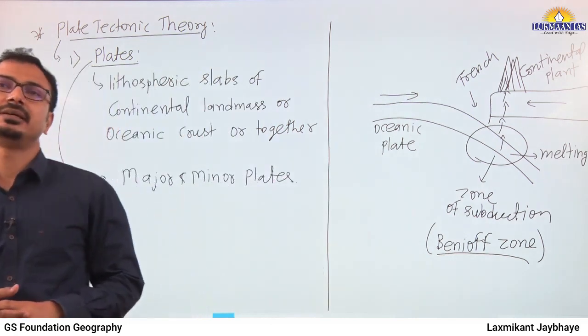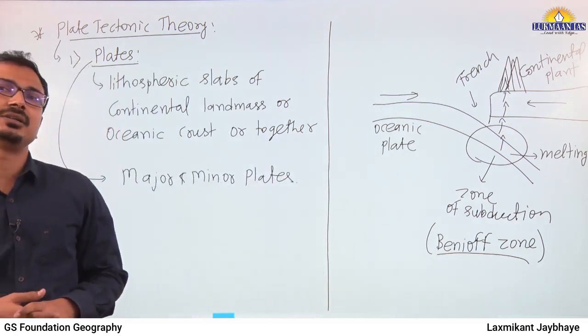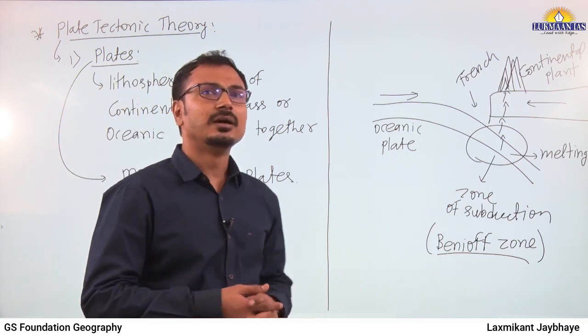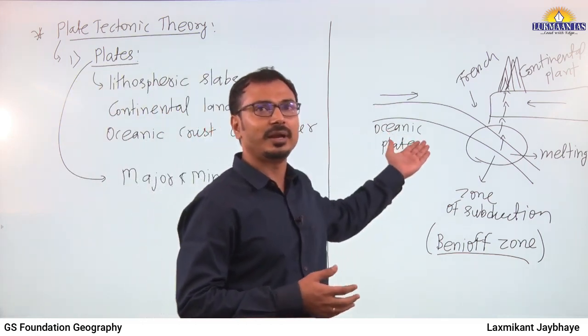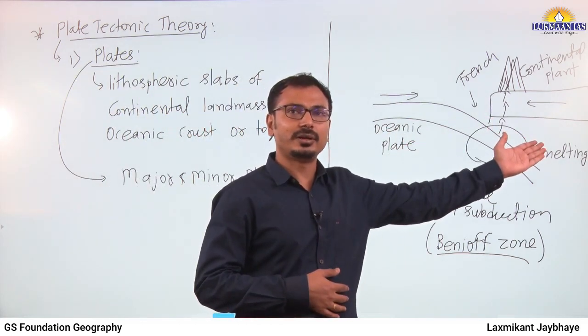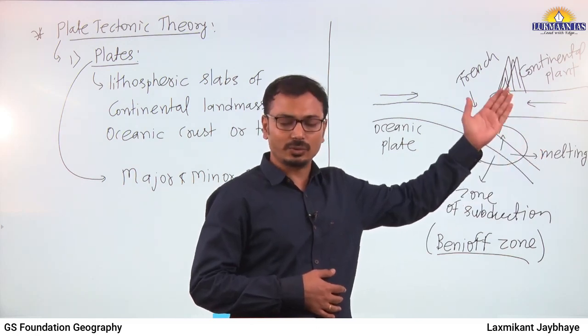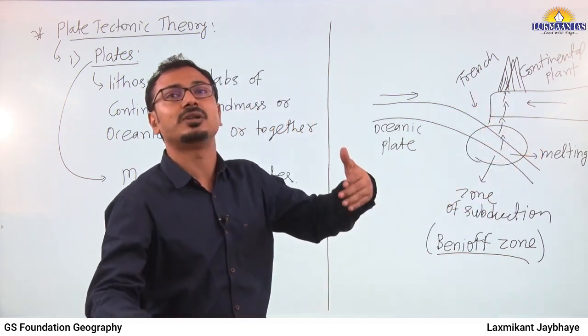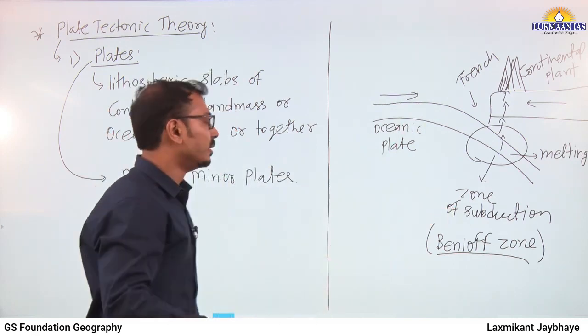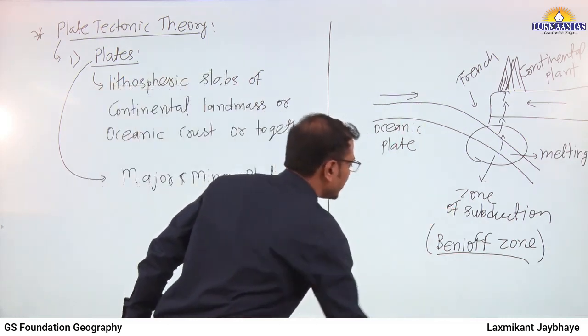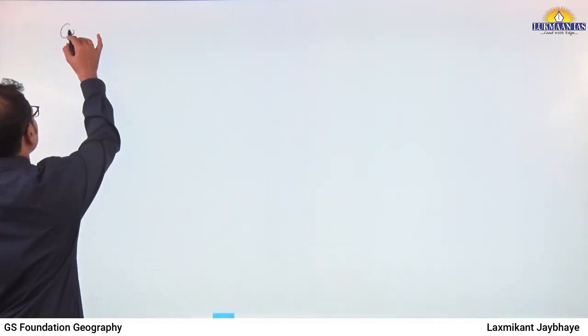So you must be thinking whether convergence always happens with an oceanic plate and a continental plate. No, convergence happens, and convergence is of three types.